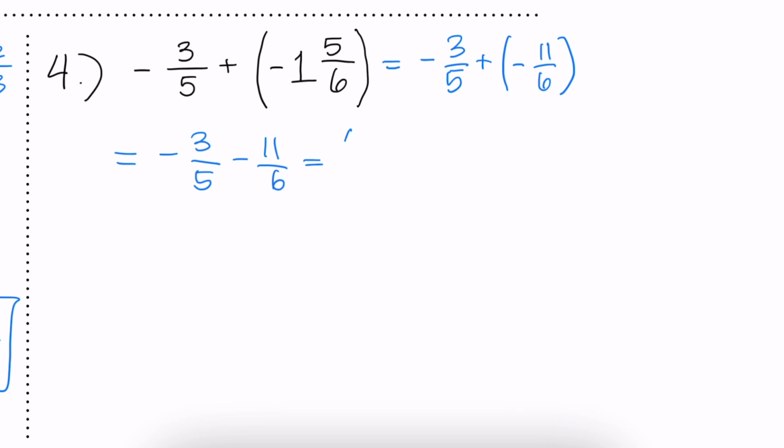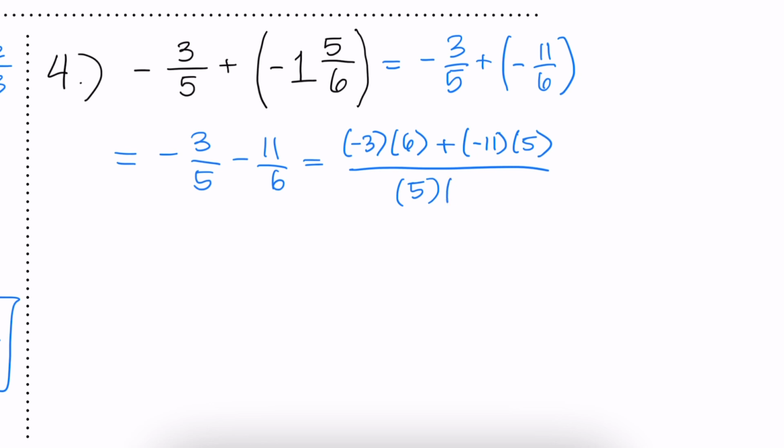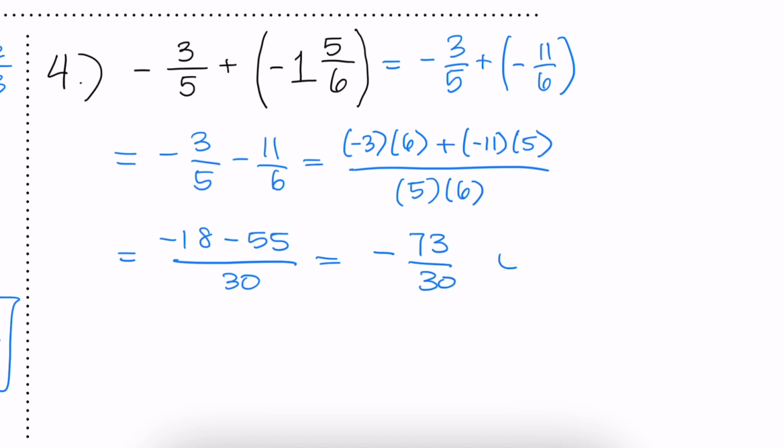Okay, so negative 3 times 6 plus negative 11 times 5 over 5 times 6 equals negative 18, 11 times 5 is 55, over 30, and that should give you negative 73 over 30, or you can write this as negative 2 and 13 over 30 if you want to write it in mixed fraction form.